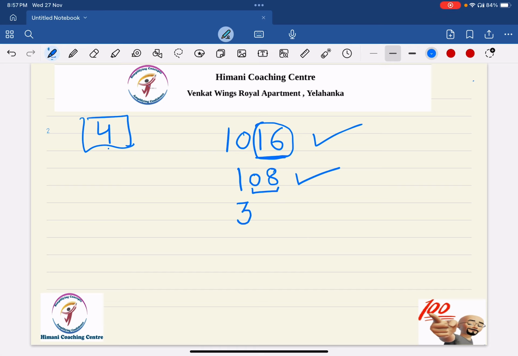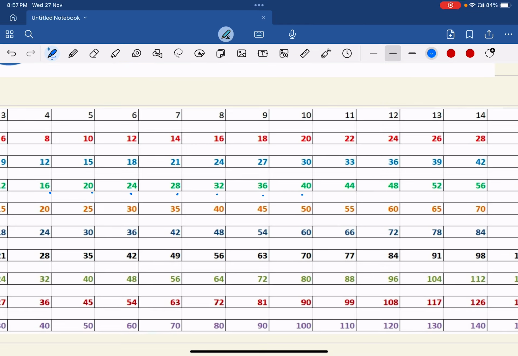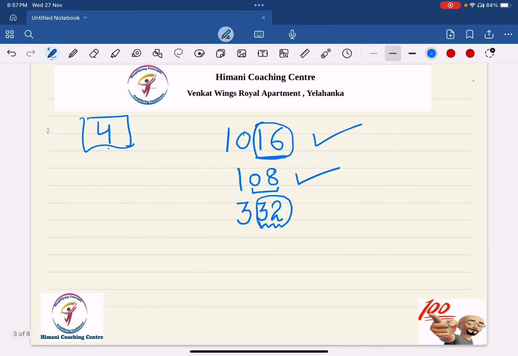Let us put 332. What will we look for? We will look for 32. In the table of 4, do we have this? Let us check. Can you see? 4 eights are 32. So we know that this number 332 is divisible by 4.